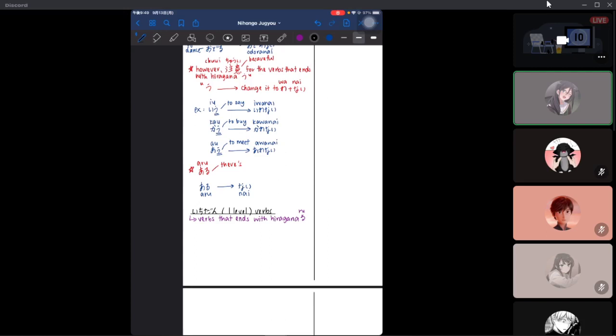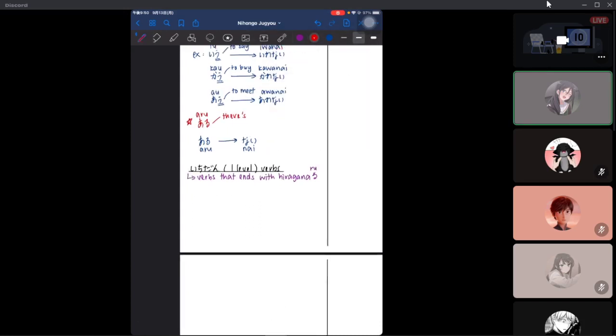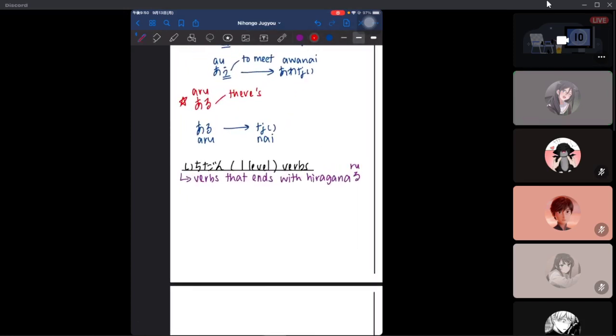So ichidan is quite easy to remember, because what you have to do is change the ru at the end of the verb to nai only.